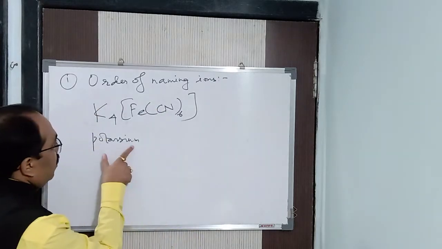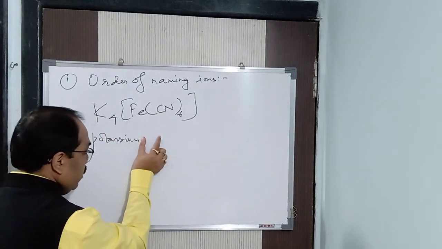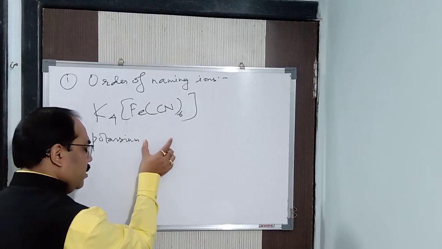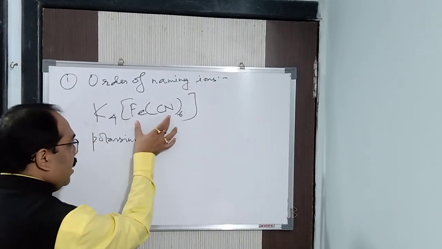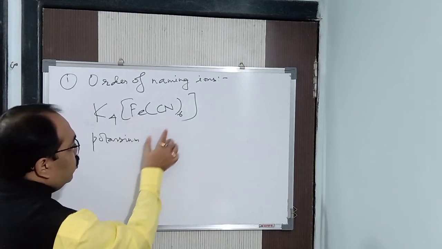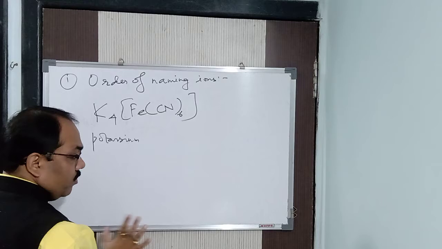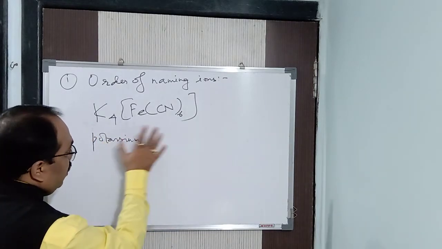The small letter potassium. Now after that we will write the oxidation number and the name of this complex ion. It should be written as a single word. No gap should be there in between. That is what the first rule is saying. We should start with the cation first, then the anion.